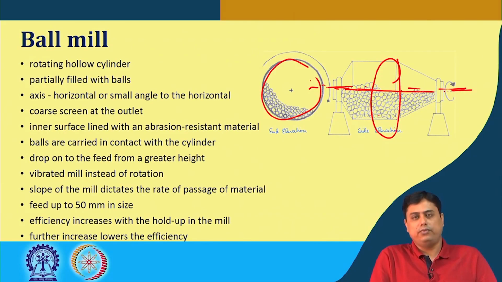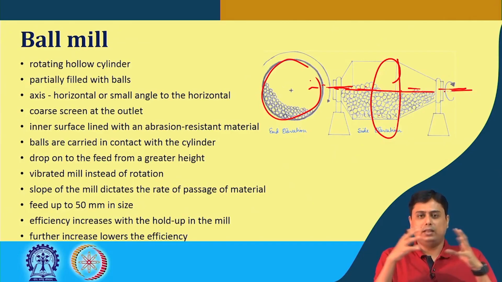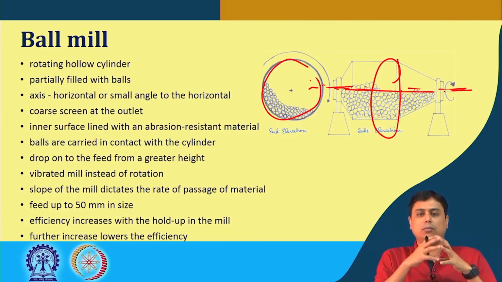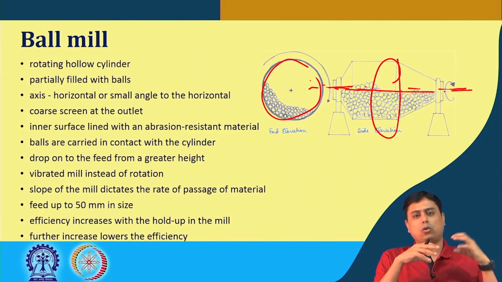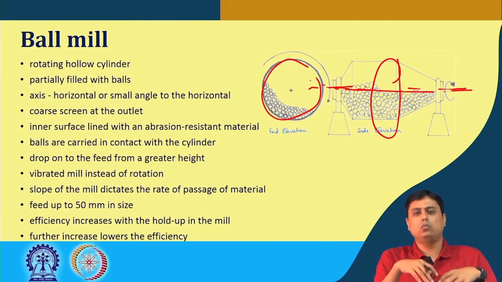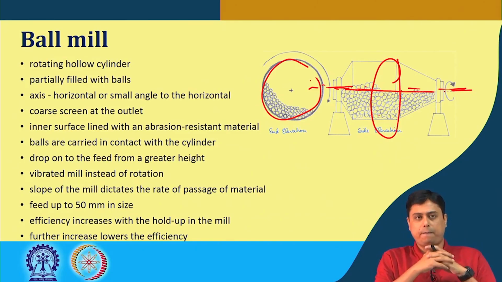That means the feed that comes in completely fills the void space that was created in between the balls. That is the hold up. The void space is created by the random positions of the balls that are already there in the mill. So, if the feed can occupy those positions effectively, then this works in the most efficient way.